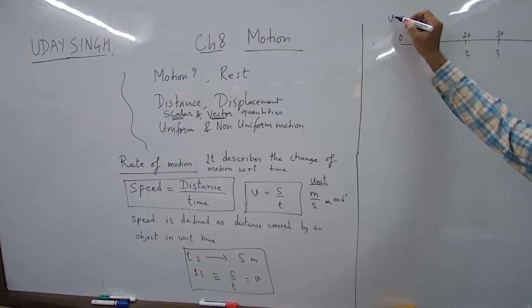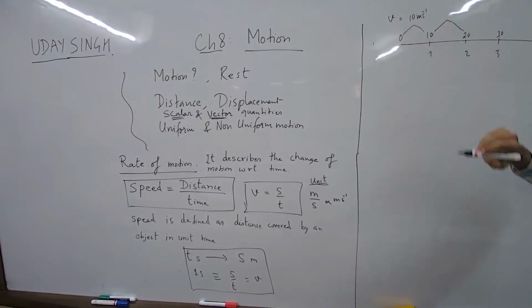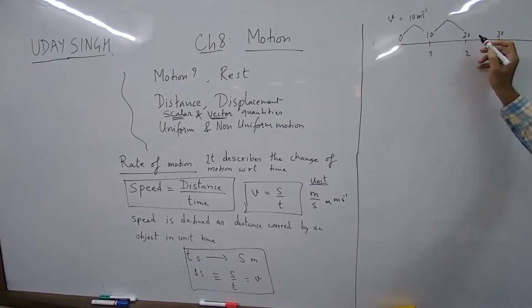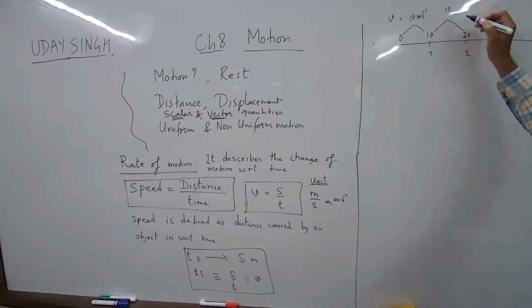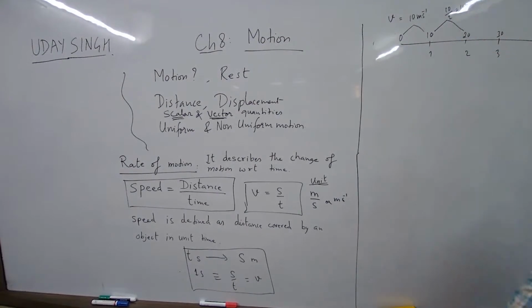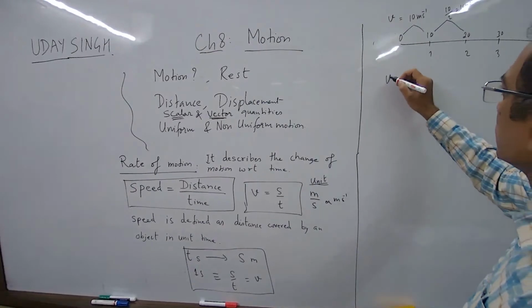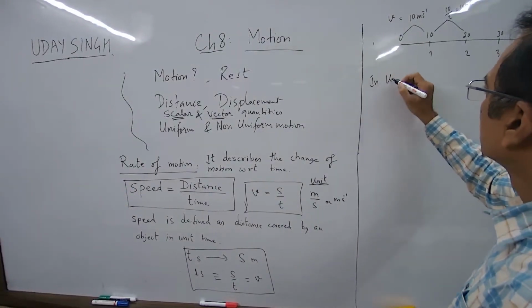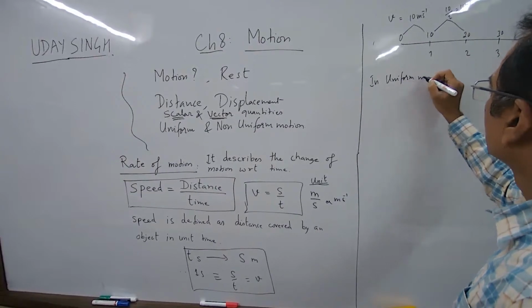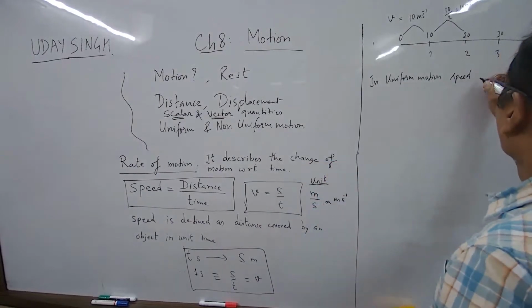So I'm writing the speed for all these intervals. What is the speed from here to here? Again, what is the distance covered? 20 minus 10, 10. What is the time? 2 minus 1. So again it is 10 by 1, so 10 meter per second. So in uniform motion, the speed is constant.